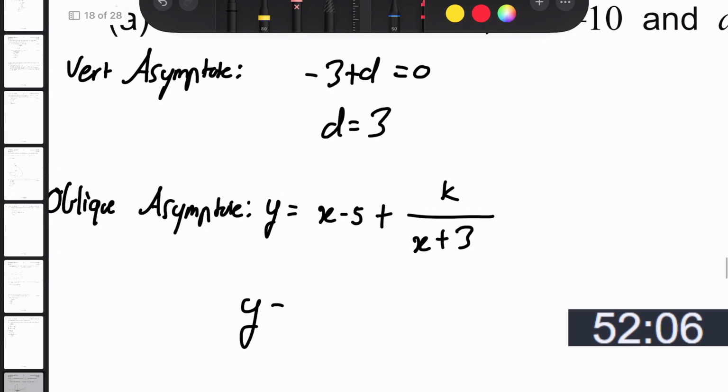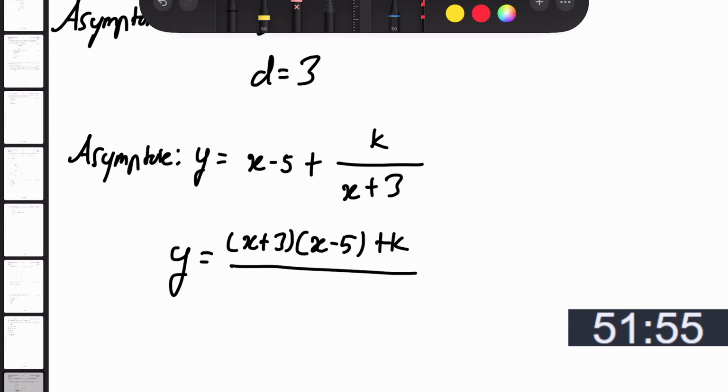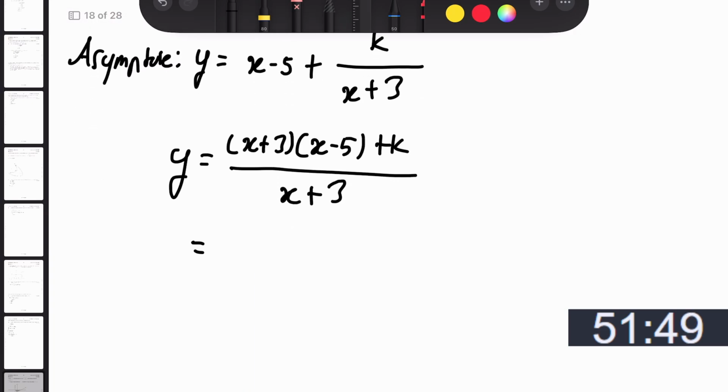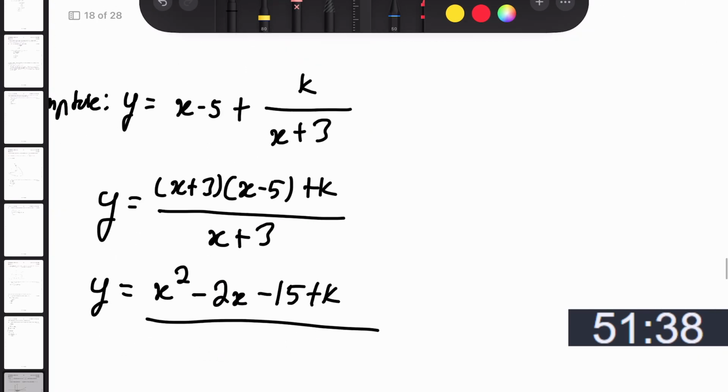So y is going to equal (x plus 3)(x minus 5) plus k on x plus 3. So this is going to be x squared minus 2x minus 15 plus k, and then over x plus 3.